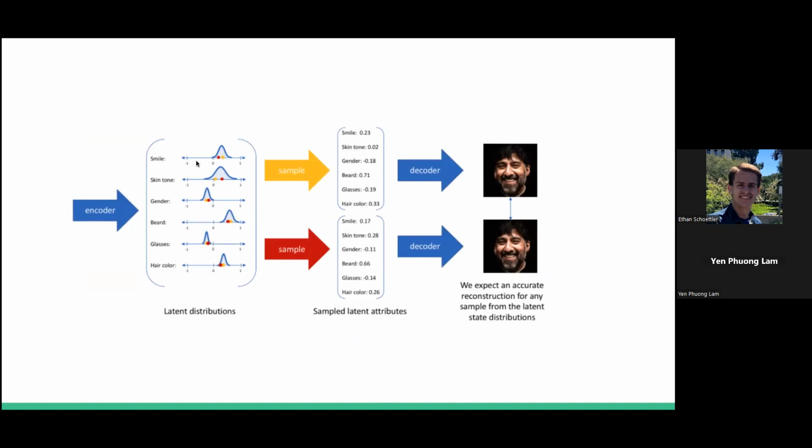It shows us the smile, the skin tone, the gender, and so on. It creates a latent vector, and then we use it during the decoding process to decode, and then we can make the output.